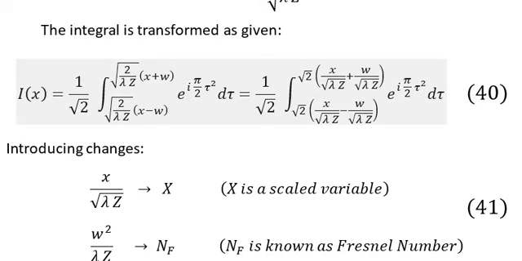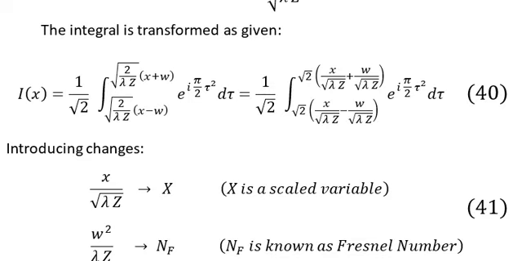The exponent is now e to the power iota pi by 2 tau square, and the integration is with respect to d tau. Now we have arranged the limits in a different way: x over square root of lambda z minus w over square root of lambda z, and the upper limit has a plus sign, the lower limit has a minus sign. So this is equation number 40.